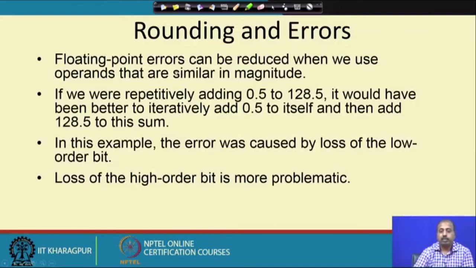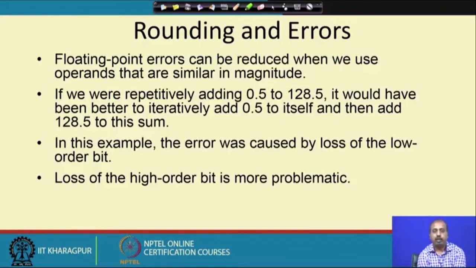Floating point errors can be reduced when we use operands that are similar in magnitude. That is one possibility. For example, if we are repeatedly adding 0.5 to 128.5, it would be better to iteratively add 0.5 to itself and then add 128.5 to the sum. Since every time we are adding 0.5, you add these 0.5s separately, whatever be the number of 0.5s you need to add, and then the resulting sum is added to 128.5.